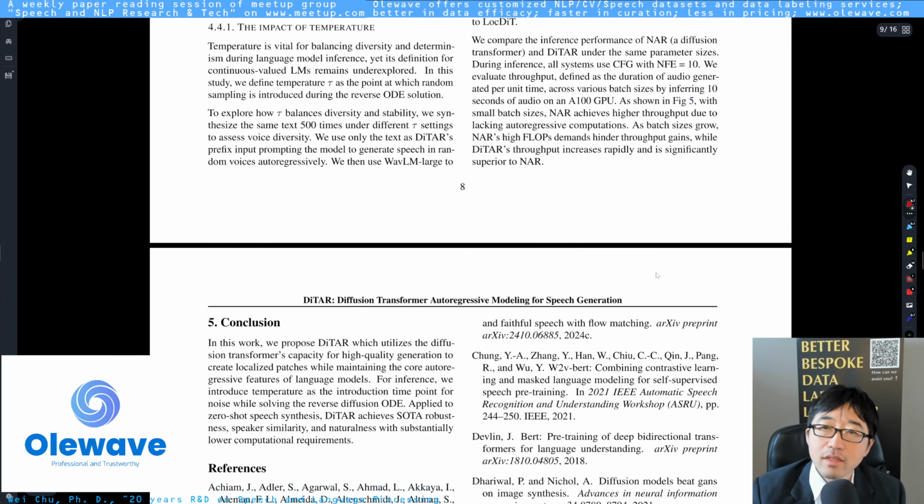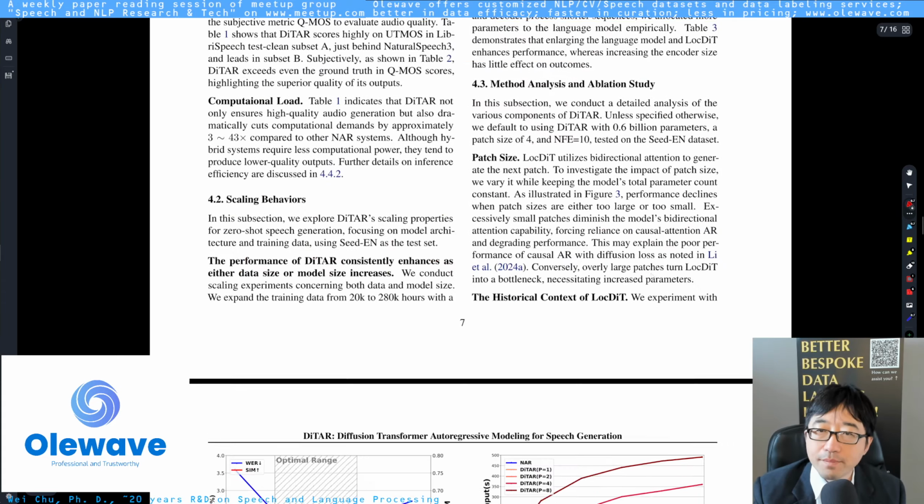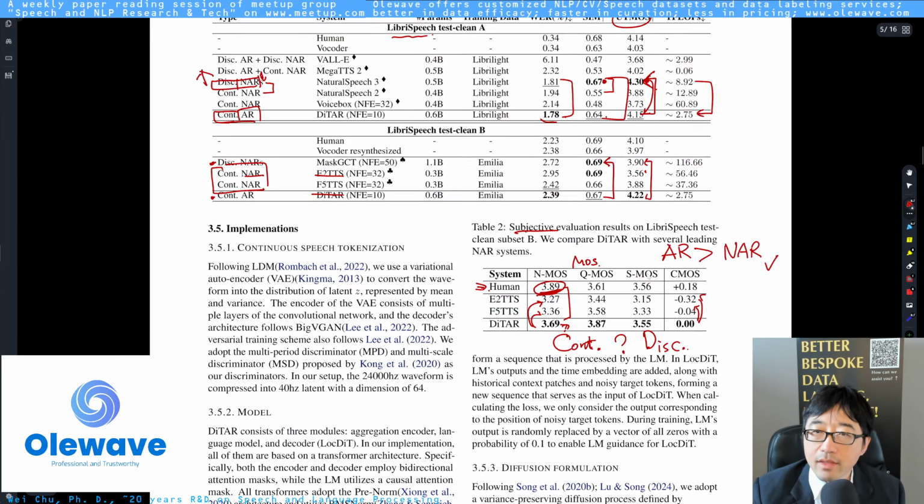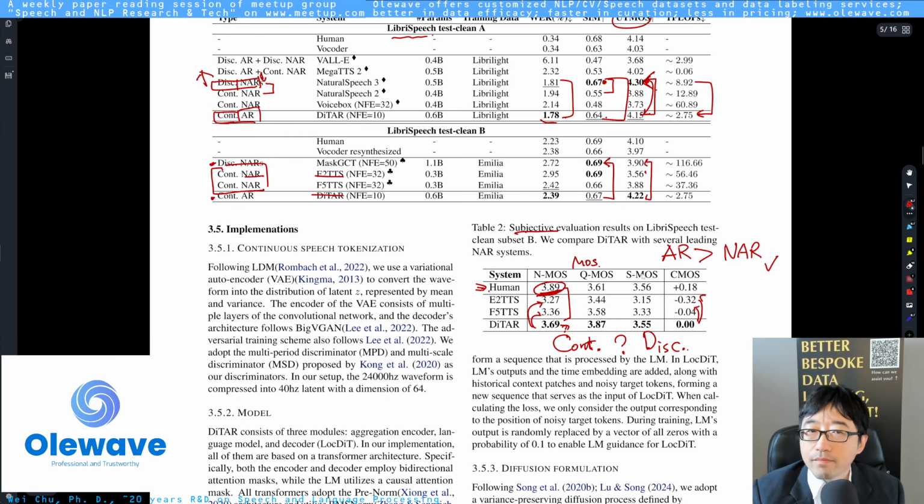Efficiency. Well, I think this is their selling point because if you look at these results, they achieved a fairly good or strong MOS score while they have huge improvement in terms of speed compared to the continuous AR system. Continuous speech token plus NAR is very time consuming according to the results.